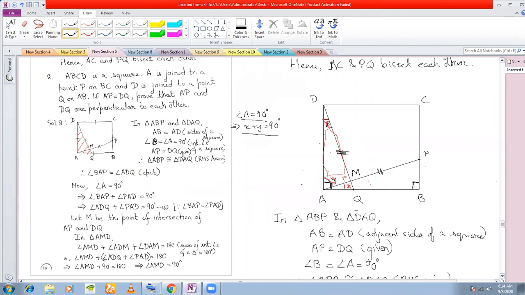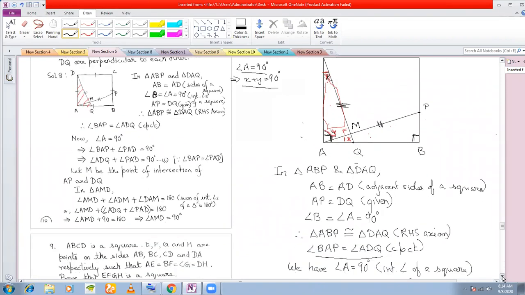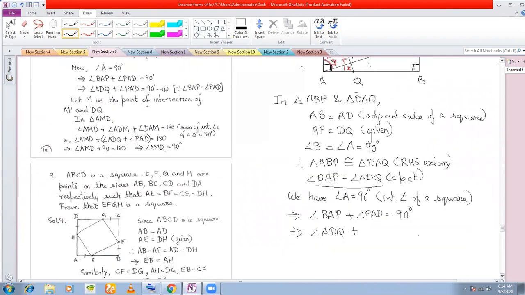So I write angle DAM equal to 90 degrees, and I give my reason here because I have replaced BAP by ADQ: angle BAP is equal to angle ADQ.